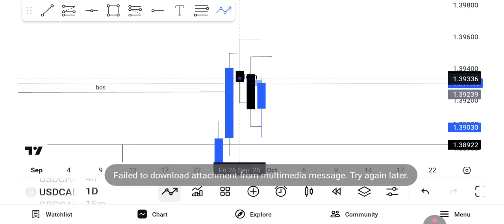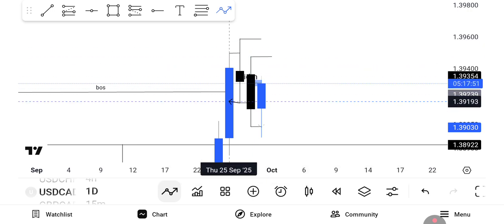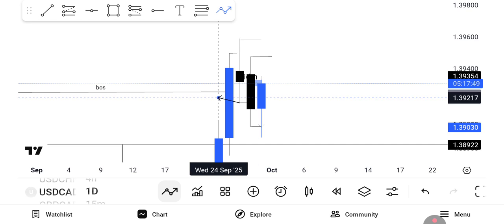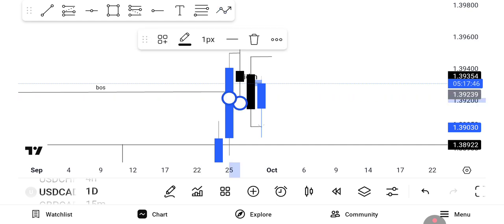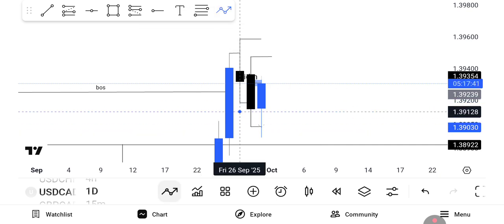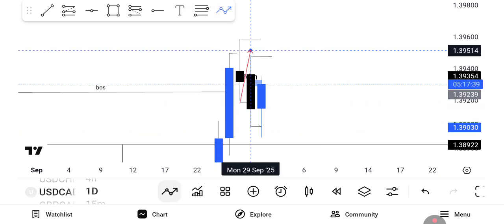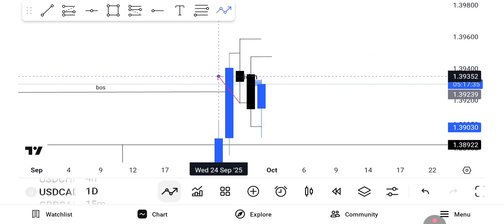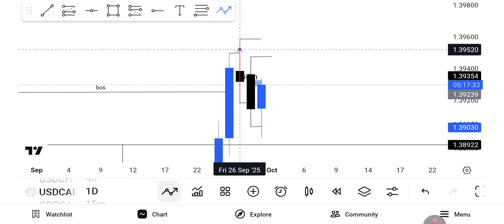Let me go again. This candlestick here took out this candlestick. Let me change the color to red. This candlestick here, this one, took out this blue candlestick here. So that is a break of structure.